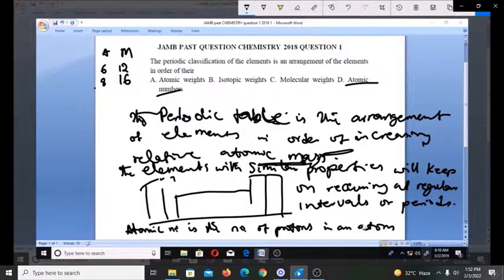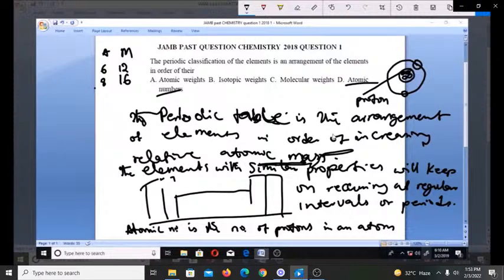So when you have an atom, it will have a nucleus, and inside this nucleus you have the protons as well as the neutrons. Revolving around the nucleus are the electrons. So the number of these protons is known as the atomic number.